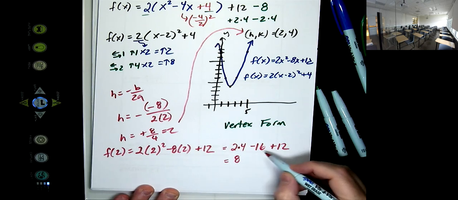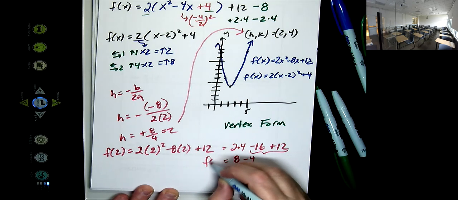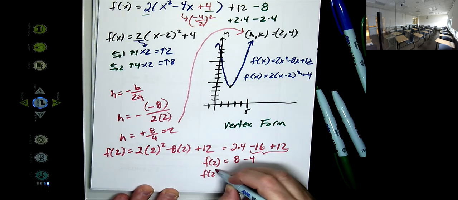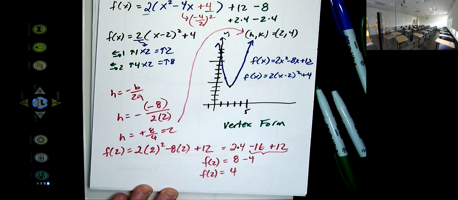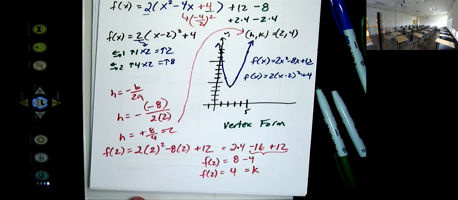That's 8. Negative 16 plus 12 is negative 4. So f of 2 equals 4, which is k. Kind of neat, huh?